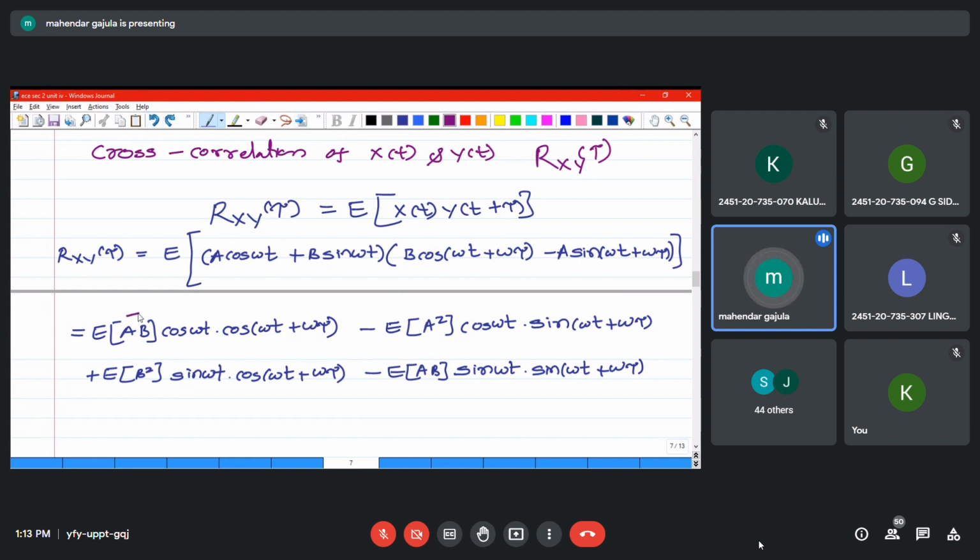So the correlation is 0, uncorrelated. This is variance sigma square, and this is 0, uncorrelated.